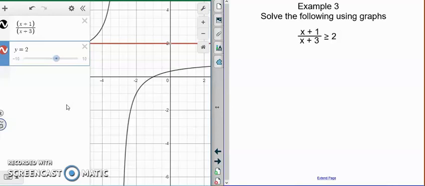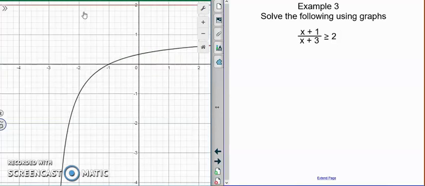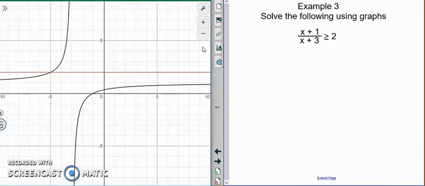So with that, we're going to take a look at what's going on. We need to zoom out. We have our function here, (x plus 1) over (x plus 3), greater than or equal to 2. Again, we're trying to figure out what part of this function is actually greater than or equal to 2, where this is true, the x values.